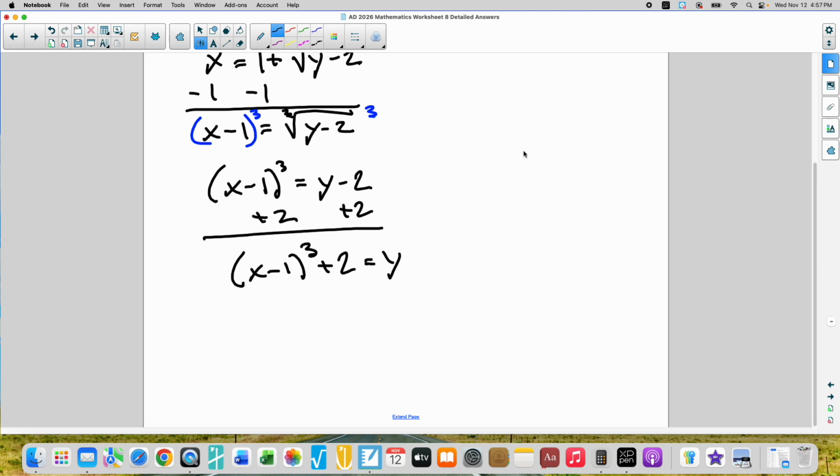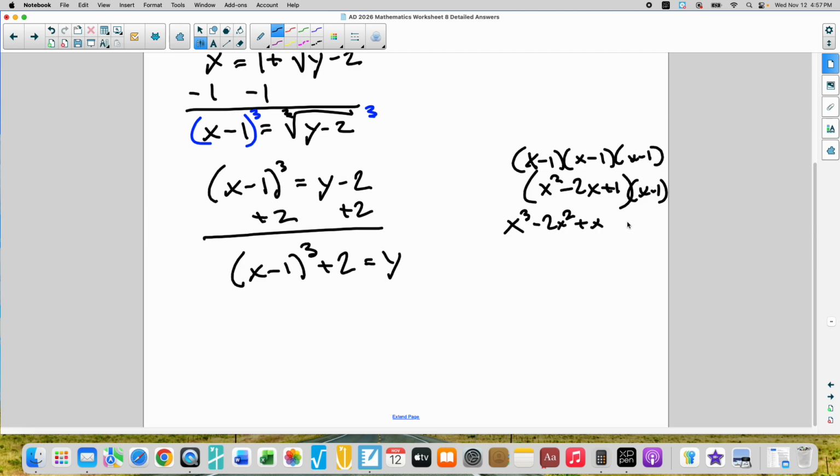Cubed, well, it's x minus 1, x minus 1, x minus 1. That's going to give us x squared plus 1. No, that's going to give us x squared. Hello, I'm getting so sloppy and lazy. That's going to give us minus 2x plus 1. And then multiply that by x minus 1, which gives us x cubed minus 2x squared plus x.